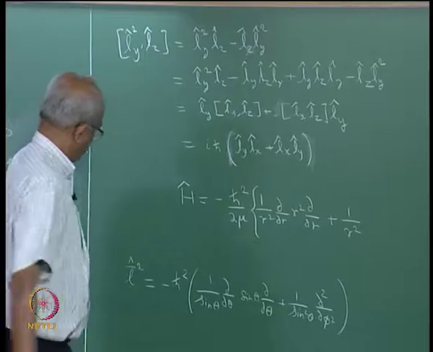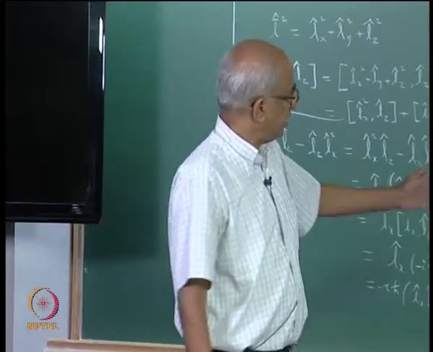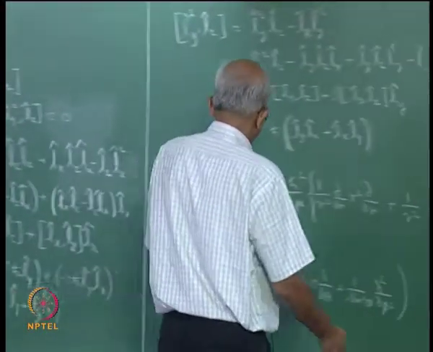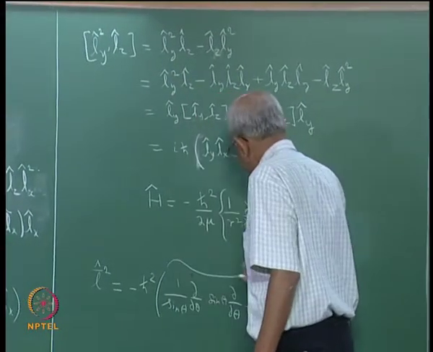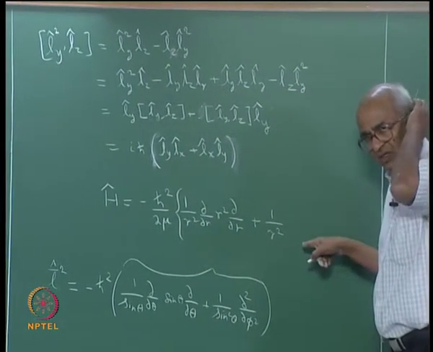Remember, I told you that I can express Lx, Ly, Lz in terms of r theta phi. If you did that, this is the expression that you are going to get for L square. And in the Hamiltonian, what happens? You get exactly the same operator sitting there. This operator sits in the Hamiltonian.